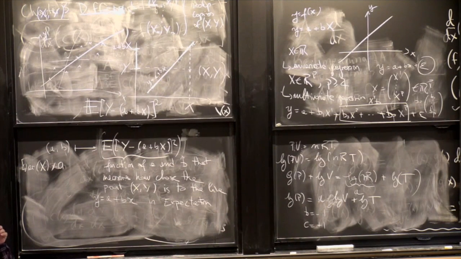Does this assume that the error is Gaussian? No. In the sense that if we knew the error followed some e to the minus x to the fourth distribution, would we want to minimize the expectation of the fourth power of y minus a plus bx in order to get the best fit?